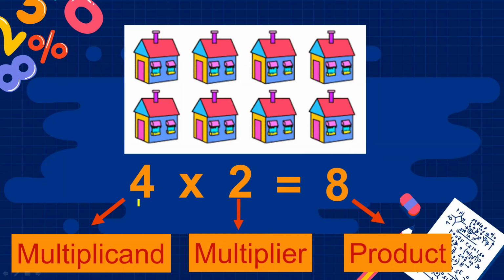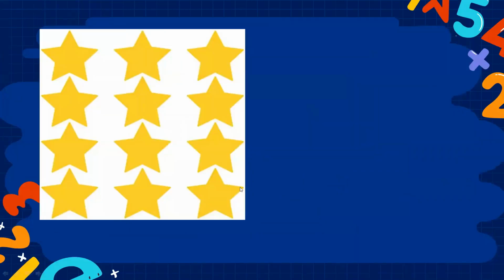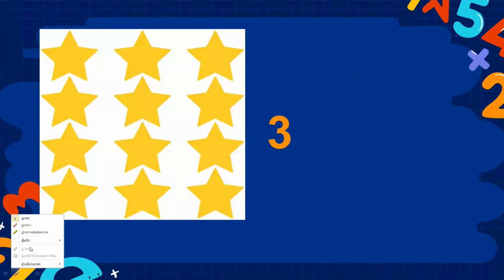So now let us try to answer some multiplication exercises, multiplication problems using multiplication as repeated addition. Okay, so I have here stars. So how many stars are there? Okay, so first, how many groups of stars are there? So we have 1, 2, 3 groups.